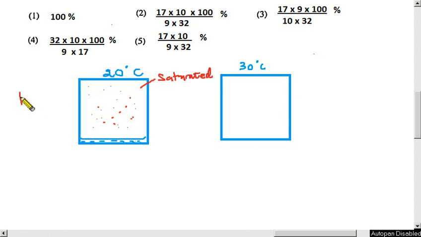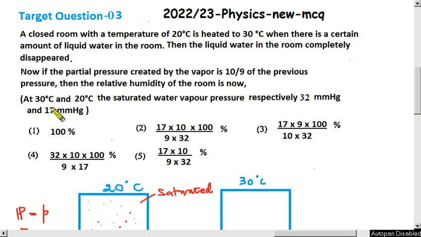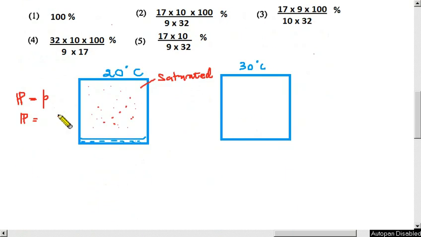That means capital P equals simple P. So capital P is given at 20, 17, then simple P also 17, relative humidity 100%. Because if a room is saturated, the relative humidity is 100%.